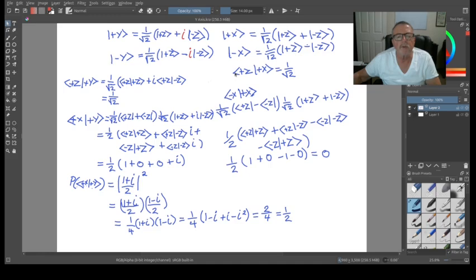I believe we worked through the z projected on the x, and we got 1 over square root of 2.